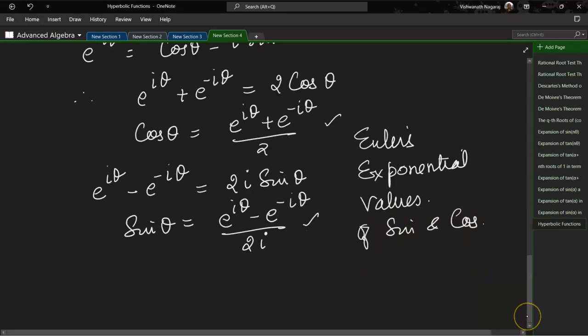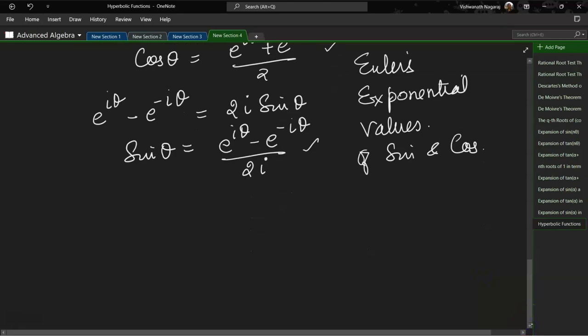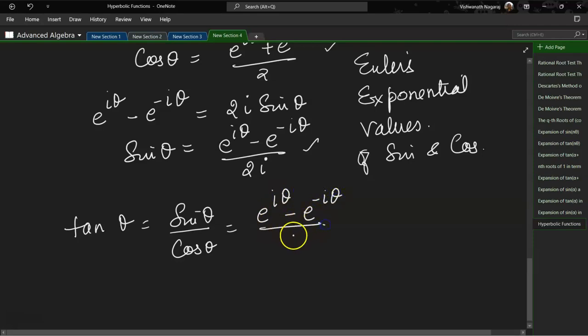Okay, now that we have the exponential values of sine and cos, let's look at tan. So tan theta we know is sin theta by cos theta, which is equal to sin theta, (e^(iθ) - e^(-iθ))/2i, and let's multiply it by the reciprocal of cos theta, which will be 2 by (e^(iθ) + e^(-iθ)).